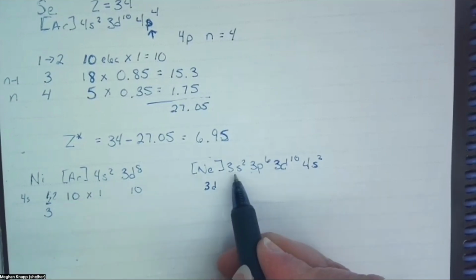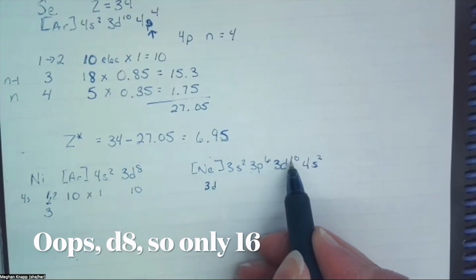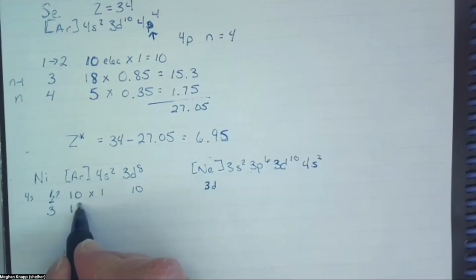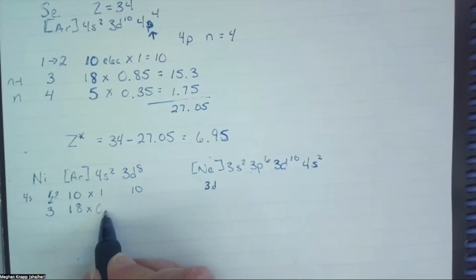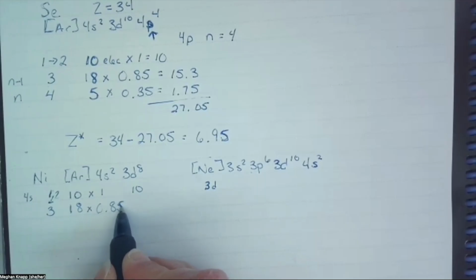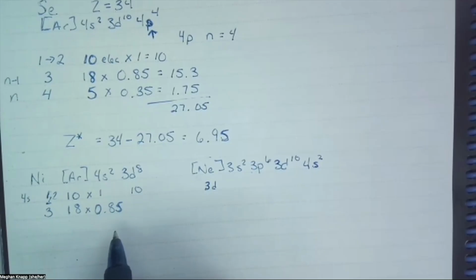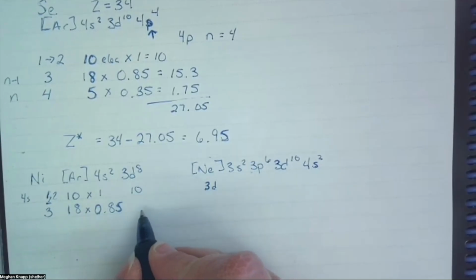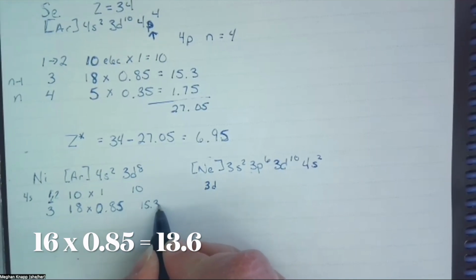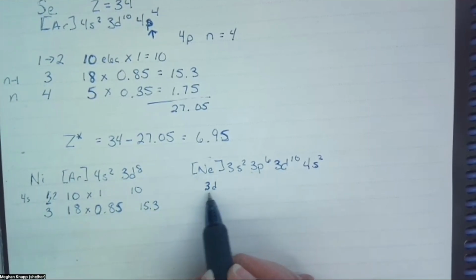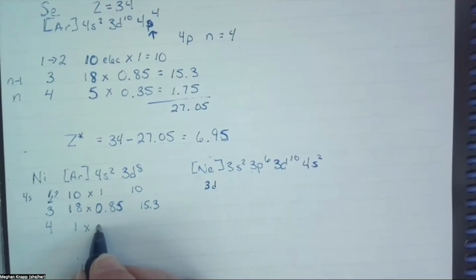In level 3, I have the s, the p, and the d. So 2 plus 6 plus 10, that's 18. Because I'm looking at an s electron, this is going to be multiplied by 0.85. It's less for the s than for the d because remember they have some of their density close to the nucleus. So they can kind of get inside the others a little bit. That's going to be the same as it was above, our 15.3. And then finally, in level 4, we only have one other electron, and that gets multiplied by 0.35.